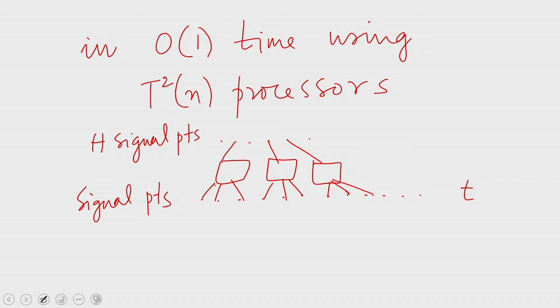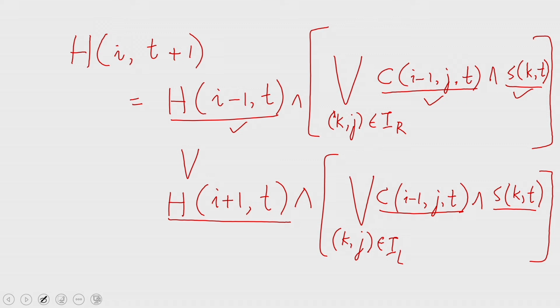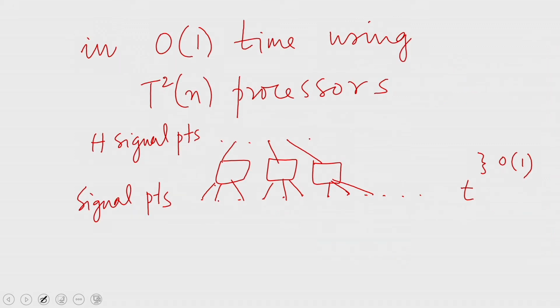Each box will contain a set of AND OR gates and the depth of the circuit is going to be order 1. As you can see, this Boolean expression has only a constant depth. It is a disjunction where each disjunct is a conjunct and so on. So, there is a constant depth to this Boolean circuit. So, the Boolean circuit can be established in order 1 time using T squared of n processors. That is, setting up of this circuit will require only order of 1 time using T squared of n processors.